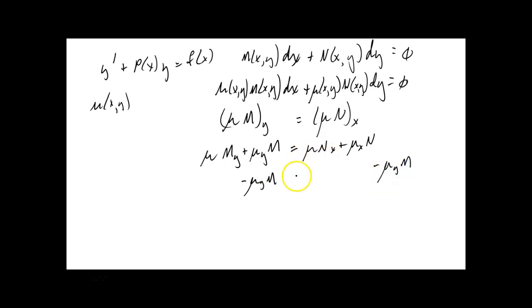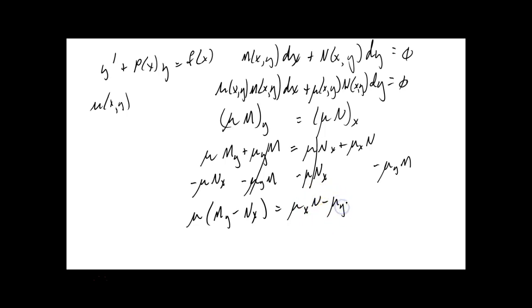But this does have a mu in it, so let's bring it to the left-hand side. What do we have left? Mu times M sub y minus N sub x is equal to mu sub x N minus mu sub y M.